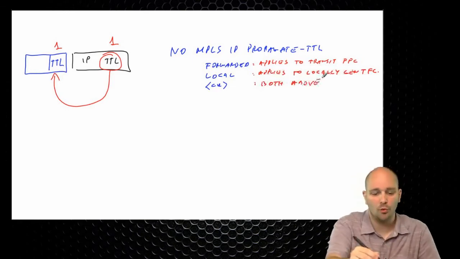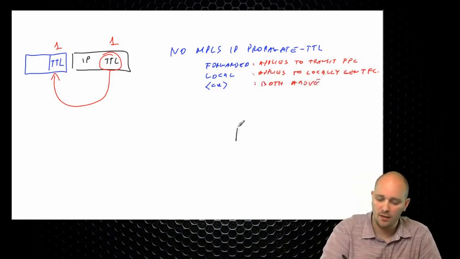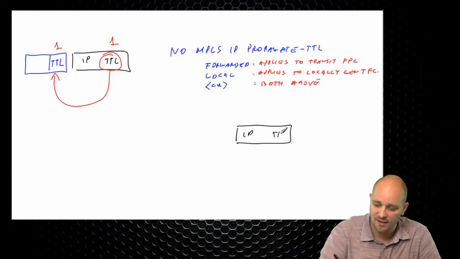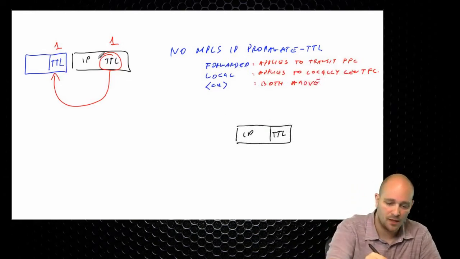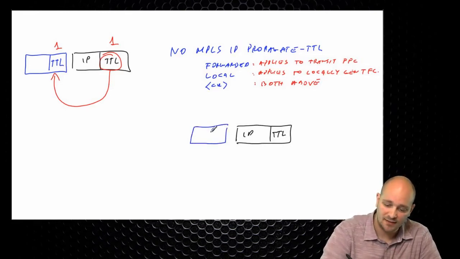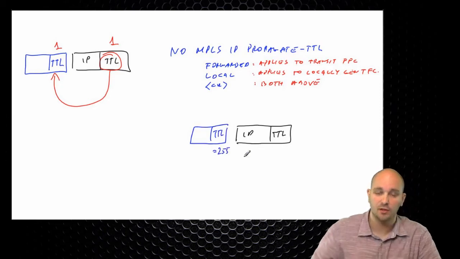What's going to happen when you configure this, when we have an IP packet here that has the TTL value, instead of actually copying the value to the MPLS, the TTL value of MPLS here is going to be set to maximum.